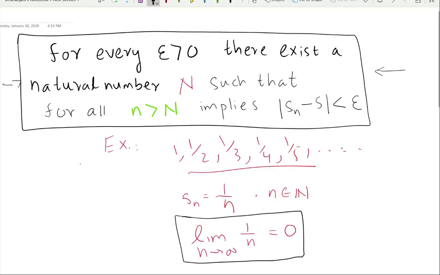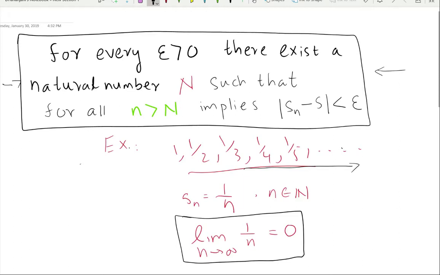Now what do I mean by a sequence to be convergent? Well, if we keep on writing these terms of this sequence, we get closer and closer to 0. We really approach a real number. So that is what convergent means in simple words.